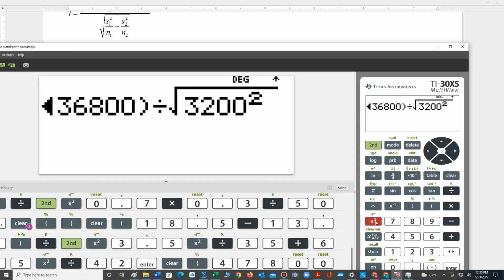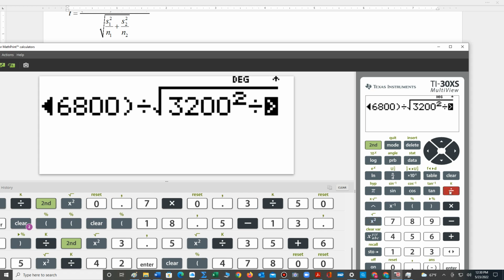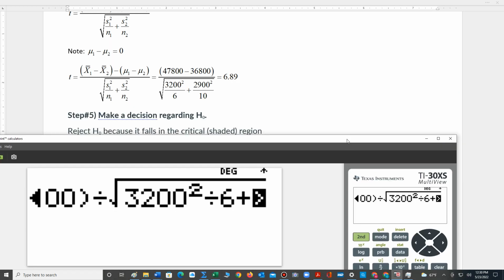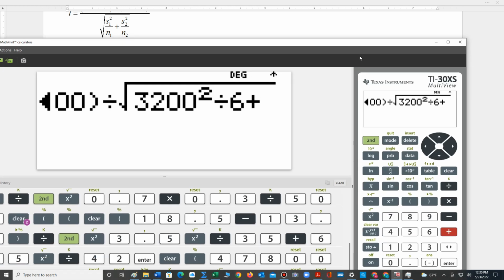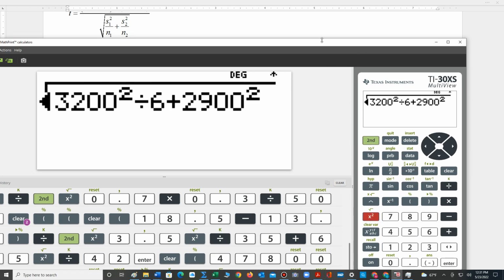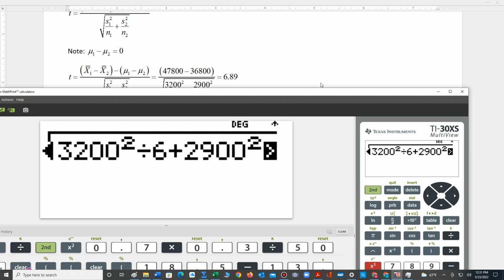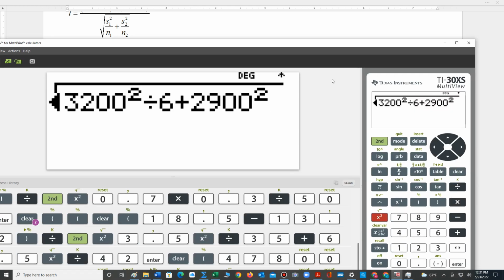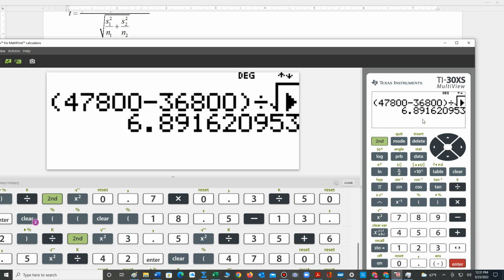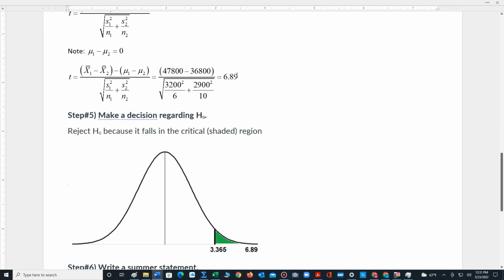That's going to be divided by 6 plus 2,900 squared, and that's divided by 10. Select enter. We end up with 6.89. 6.89 is the test point.